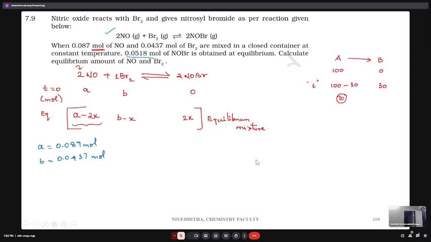And what is the 0.0518 mole? Could you please tell me what that 0.0518 mole is? Please read the question. You can understand.